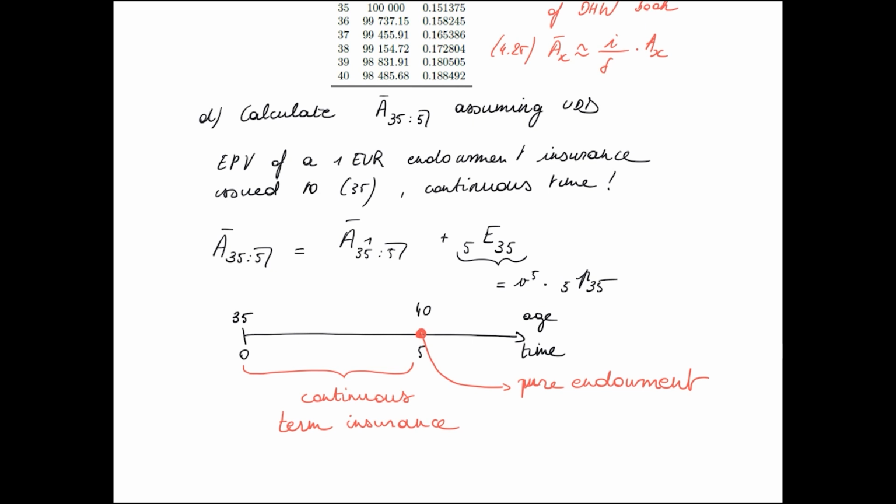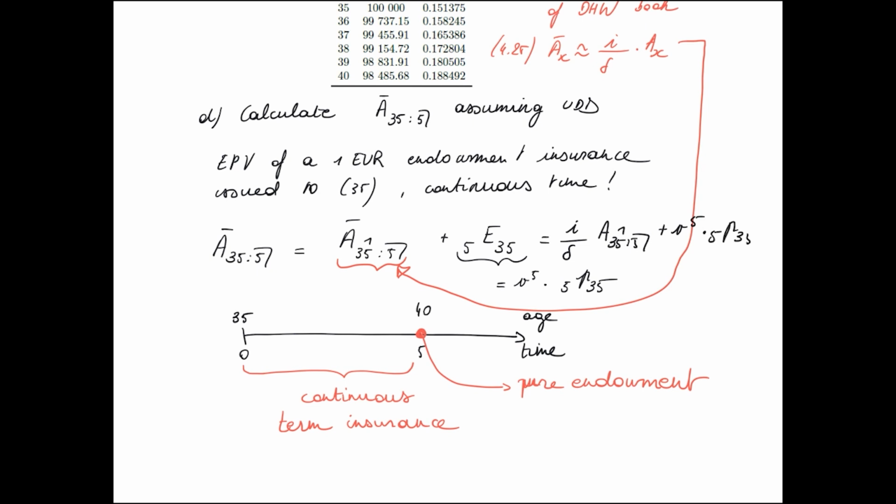So what are we going to do? We're going to use what we learned over here to calculate this part of my expression. So we're going to do our maths like this: i divided by delta times the present value of a discrete time term insurance, plus v to the power 5 times 5p35.